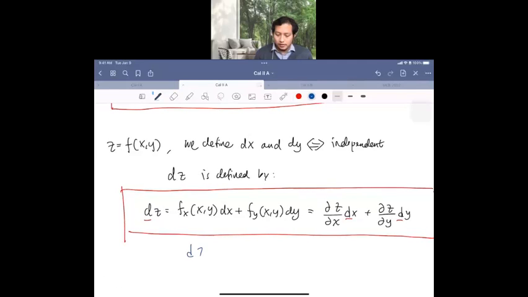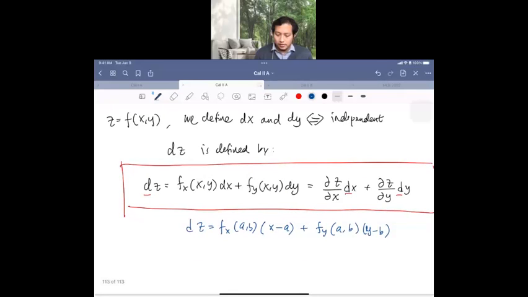We can write dz as, if you want to take the delta x as x minus a, we can also write, if you want to be more concise on the point (a, b), then we can write in terms of (a, b) for all the equations. And the differential notation for linear approximations, we can write f(a, b) plus dz. So this will be the linear approximation.